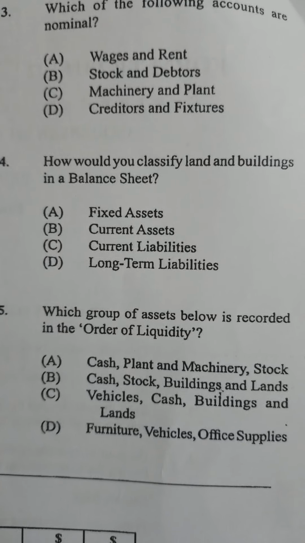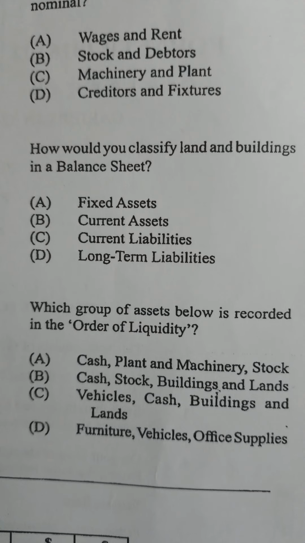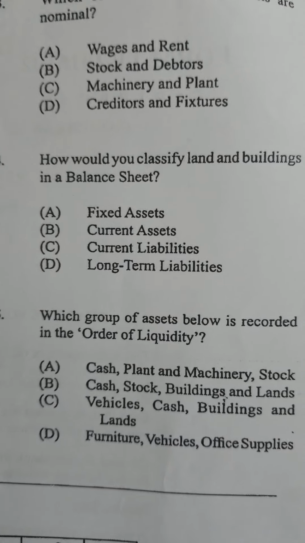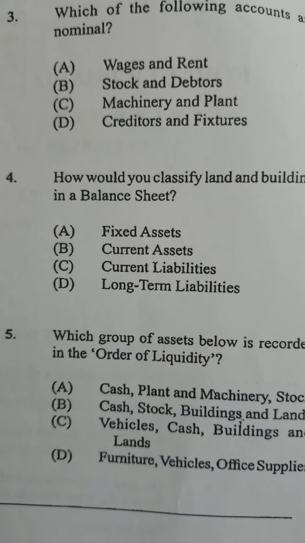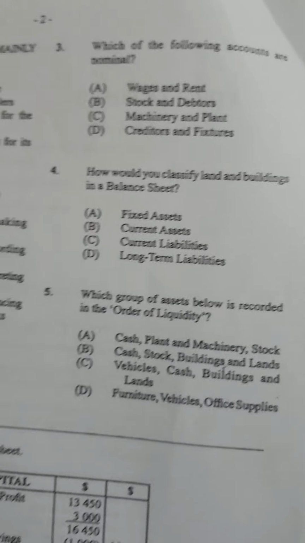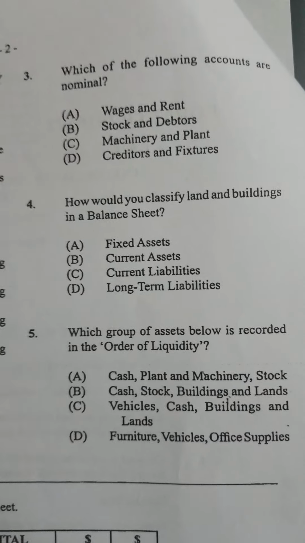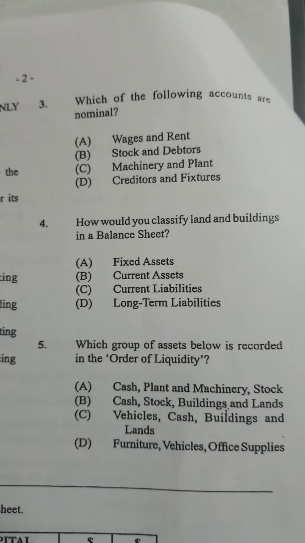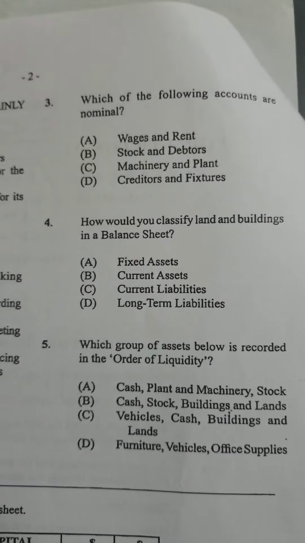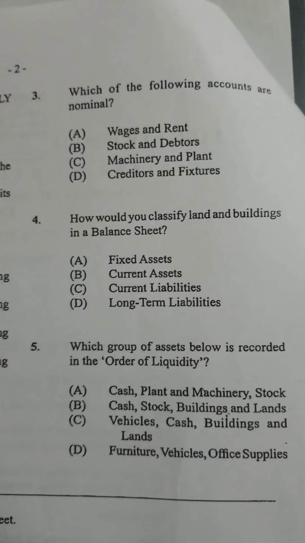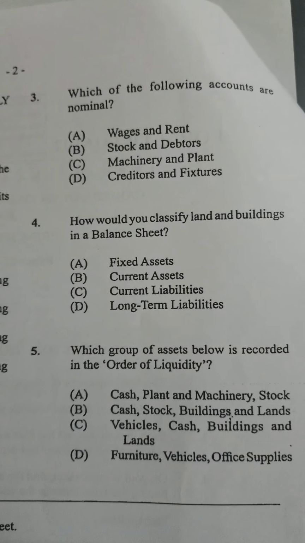Which group of assets below is recorded in the order of liquidity? Again, this section of the syllabus is referring to how you treat with assets and liabilities, and therefore they're asking liquidity because in accounting accounts are recorded according to permanence or liquidity.